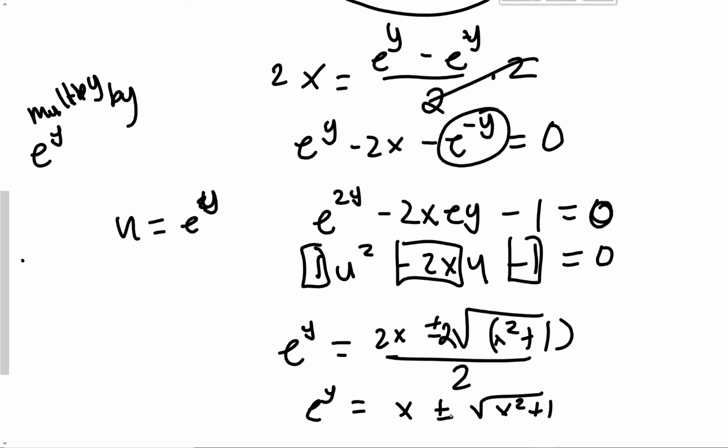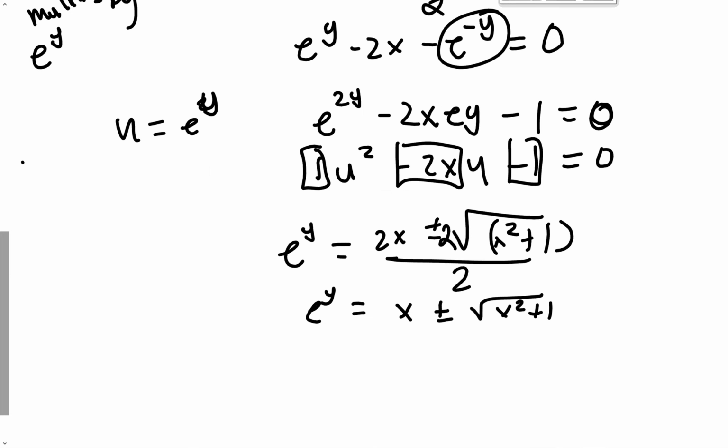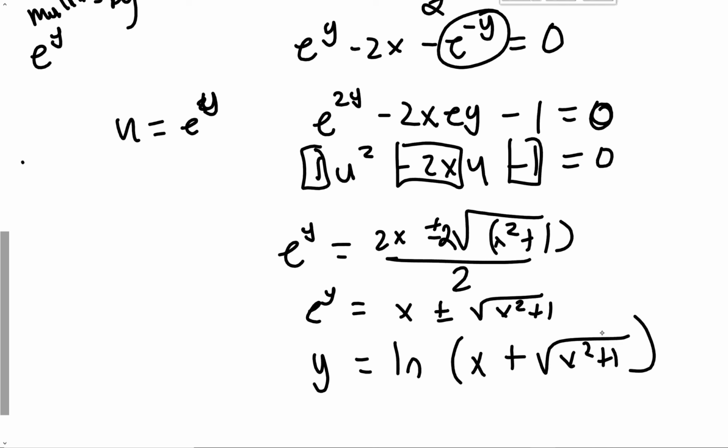So really that negative there is going to be irrelevant, because I can't even take the ln of a negative anyways. So when I take the ln of both sides to bring down that y, that negative doesn't really matter, because I can't take the ln of a negative.